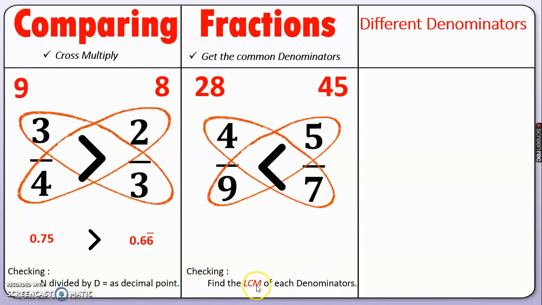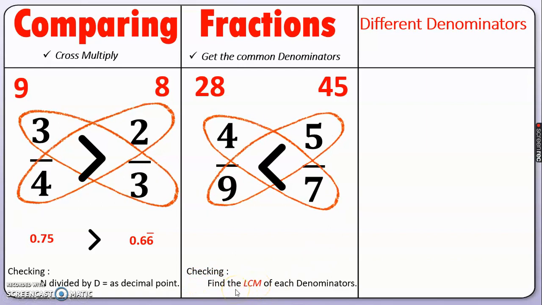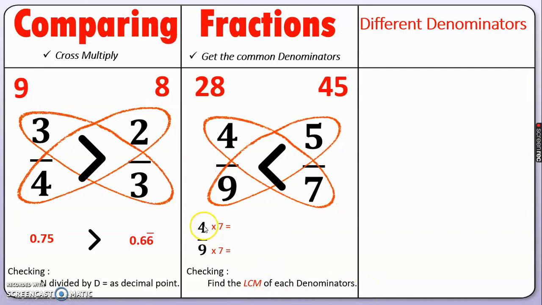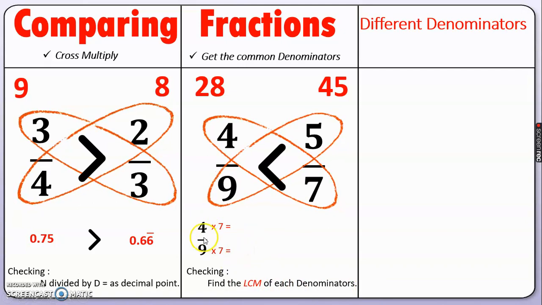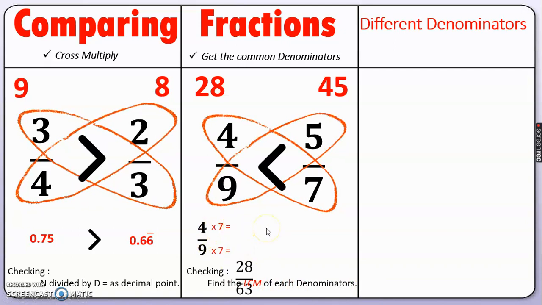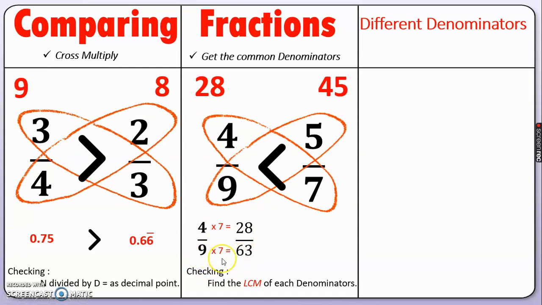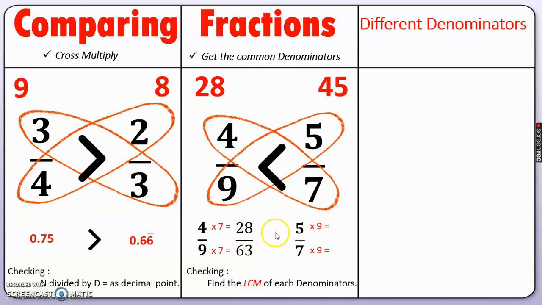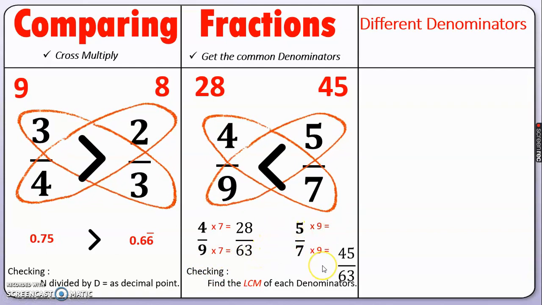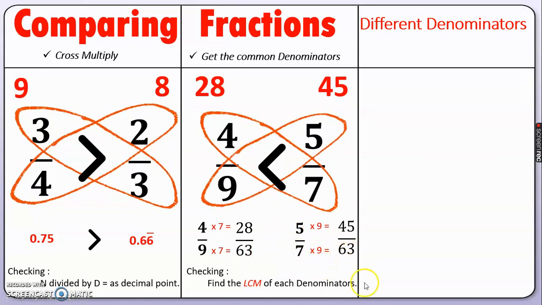Checking, find the lowest common multiple of each denominator. So we can apply this. 4 times 7 is equal to 28. 9 times 7 is equal to 63. Then 5 times 9 is equal to 45. And then 7 times 9 is equal to 63.